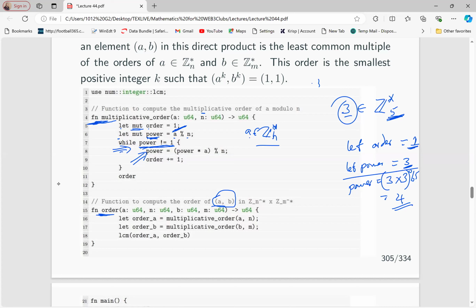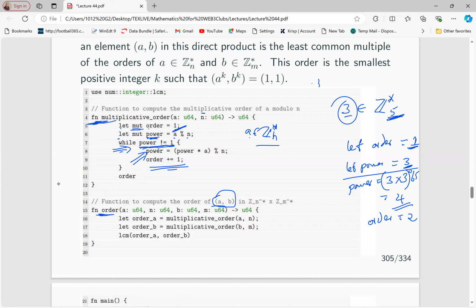Our order was initially 1, so when this happens, you increase the order by 1. The order is now 2. Now this process continues until the power is 1.